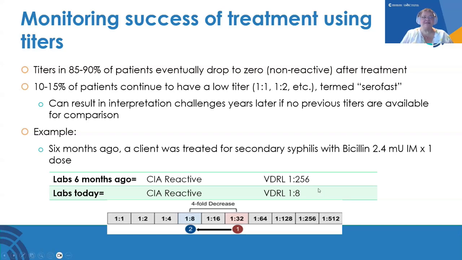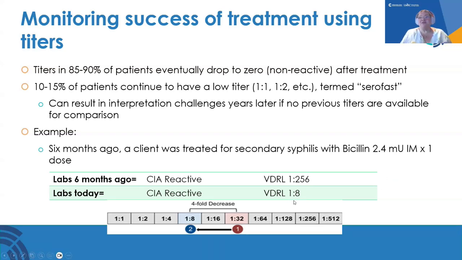Yes, we did. Successful treatment, absolutely. Many providers would look at 1 to 8 and say, oh, but it's still so high, we need to retreat again. Do we need to retreat again? Yes or no in the chat? No. This was a successful treatment.